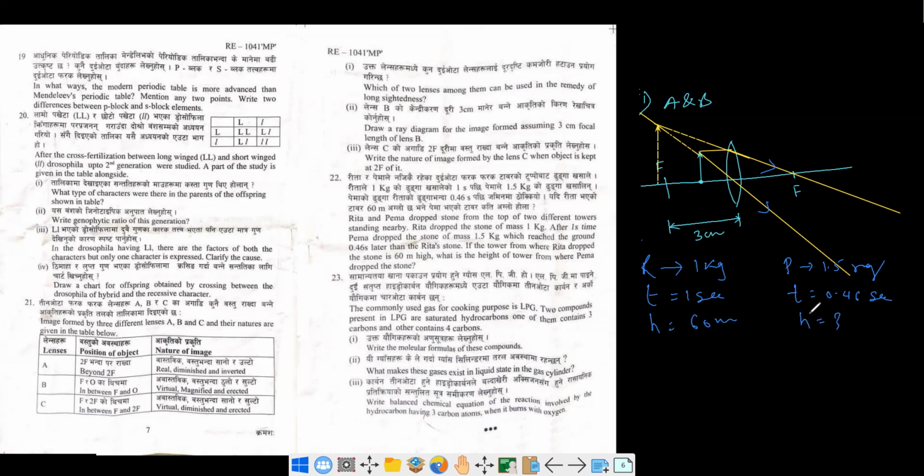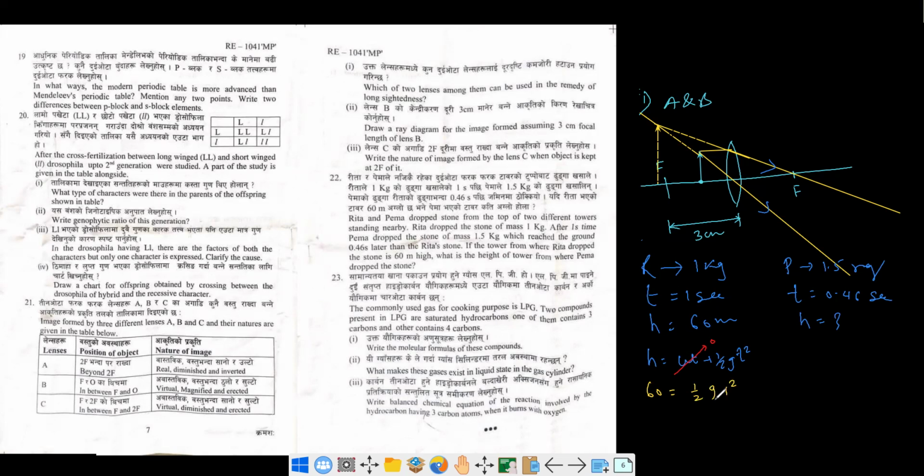We don't know the acceleration due to gravity. That's why we need to figure it out. So we know h is equal to ut plus 1/2 gt square. So if we drop, what is the initial velocity? u is 0. So if u is 0, then the first term is zero. So we have 60 equal to 1/2 g into 1 square.